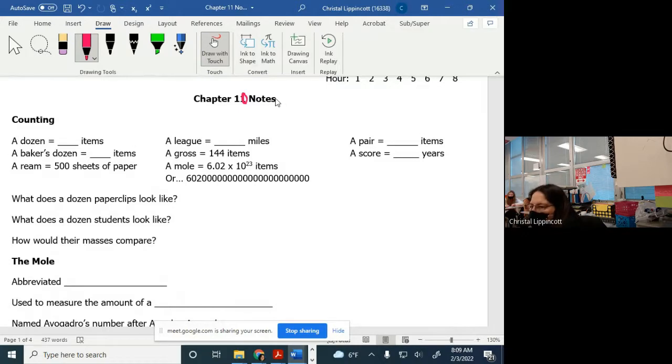That's what this chapter centers around. The mole is really valuable in chemistry because we use it to do a lot of our conversions. We use it to figure out, if we start with this much stuff, how much material we're going to end with. That's called stoichiometry. We're going to use it when we're figuring out concentrations.